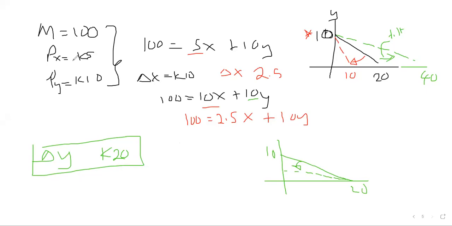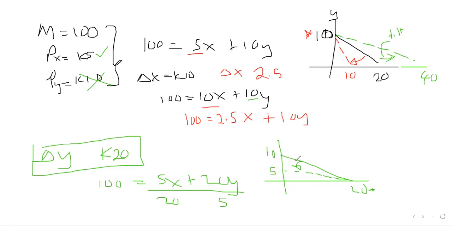If our good x remains 5 as it is, and y changes to 20, our equation would be 100 = 5x + 20y. So 100 divided by 5, we get 20. 100 divided by 20, we get 5. So the 20 will remain as it is; that's where it will be tilting from. Then the y intercept will tilt downwards from 10 to 5.